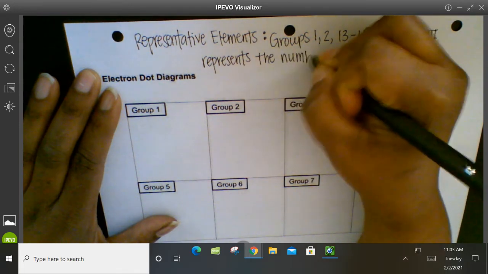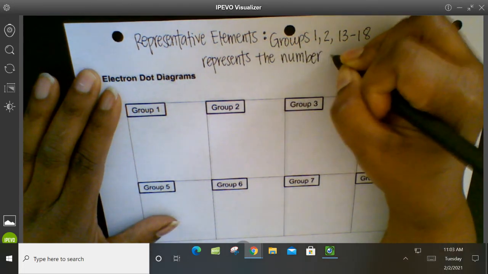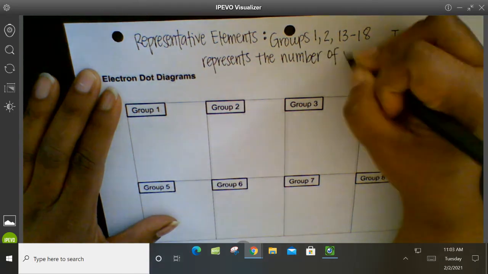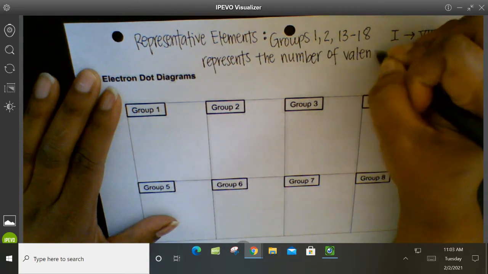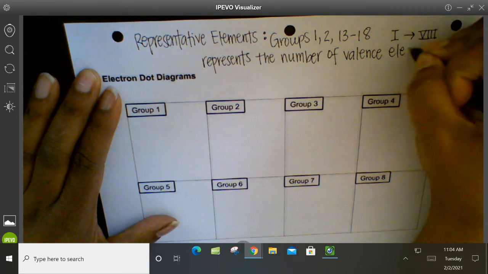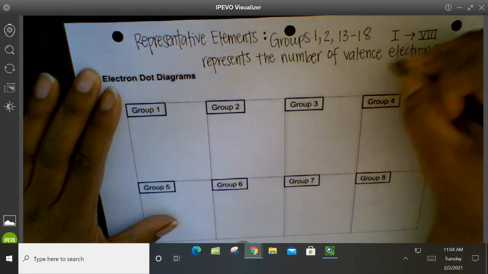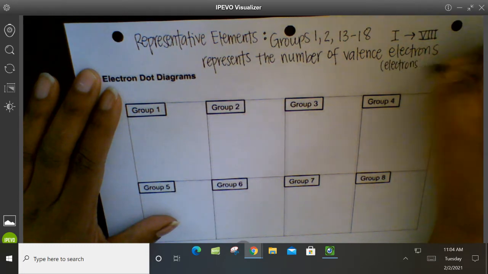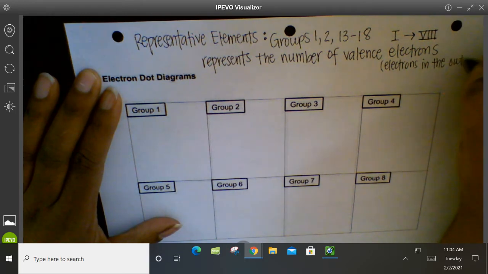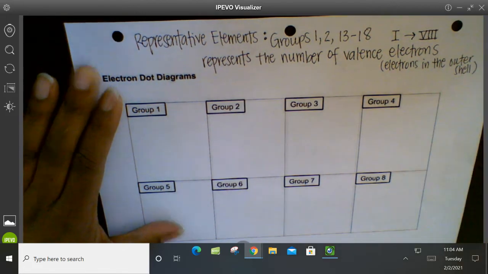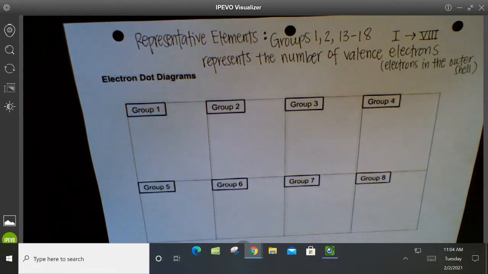Now, if I haven't told you this before, let me tell you now, and I'm going to write it down here. Valence electrons are the electrons in the outer shell. These are the ones they use to form the different bonds that we've looked at.